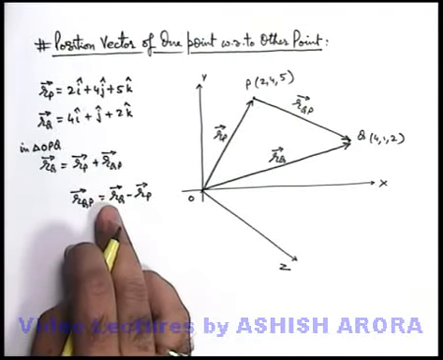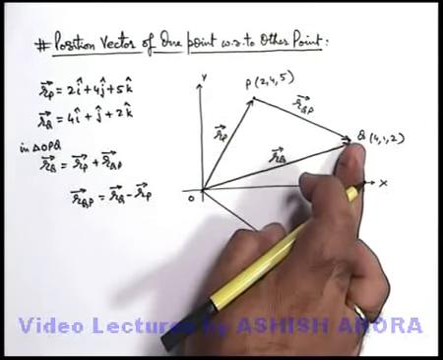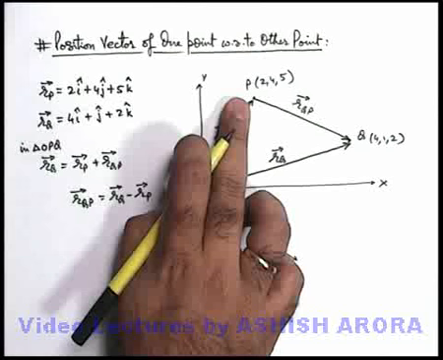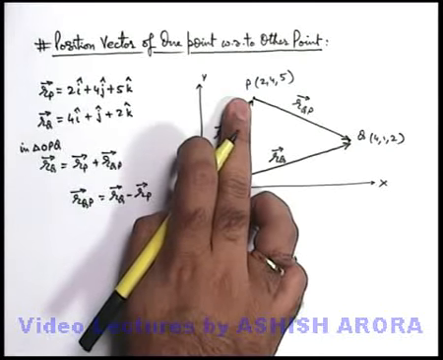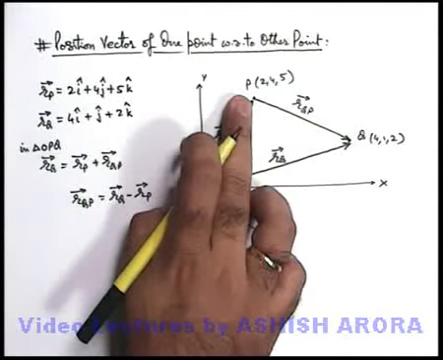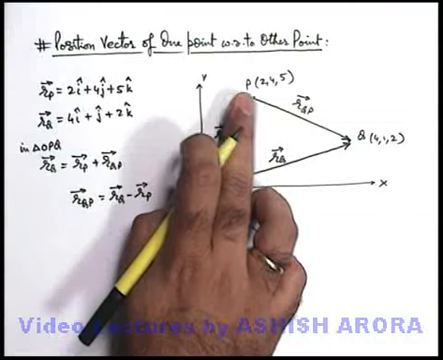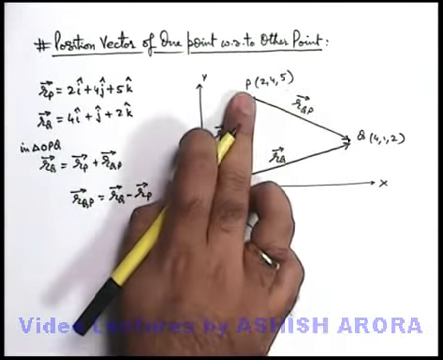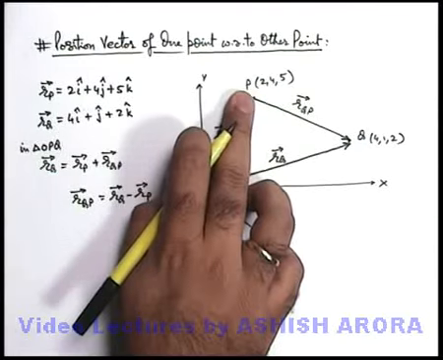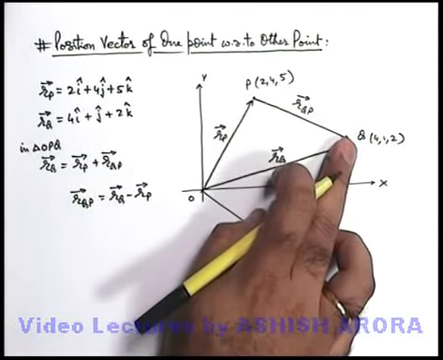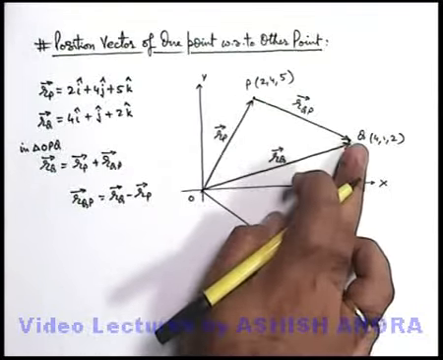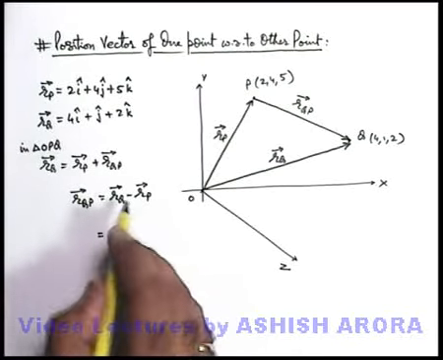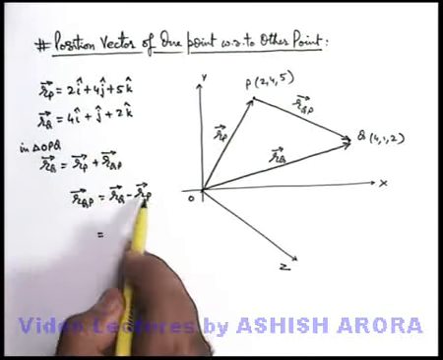Between any two points, if we are required to find their displacement vector, or the position vector of one point with respect to the other, you can subtract the backward vector from the forward vector. Say this position vector is of point Q with respect to P. So you can subtract the position vector of P from the position vector of Q to get the position vector of Q with respect to point P. Here we can simply subtract RQ minus RP.